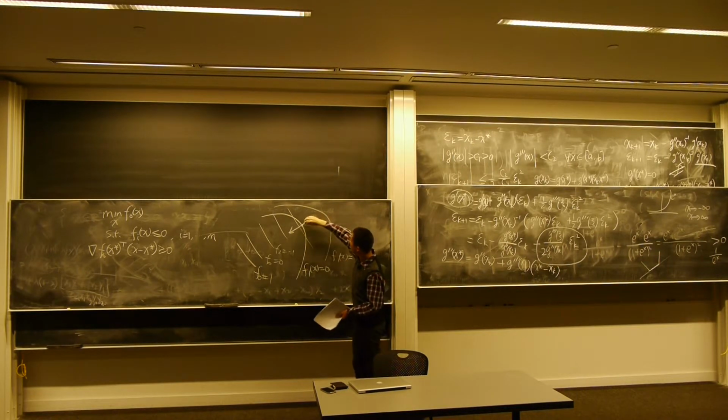So the gradient on f1 is this, and the gradient of the objective function is some number times the gradient of this. This is something lambda times this.